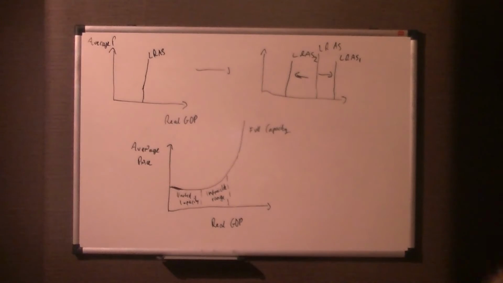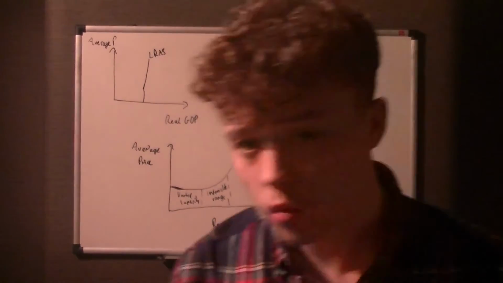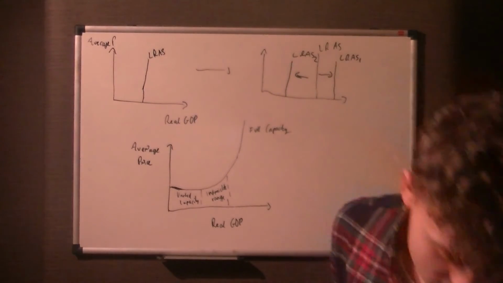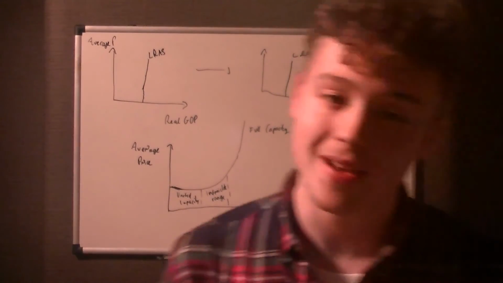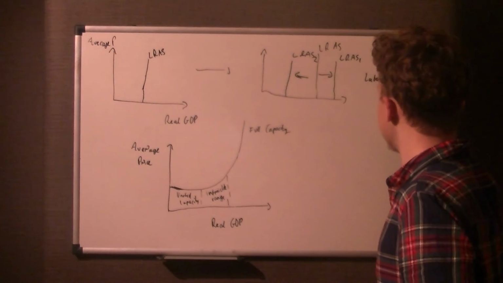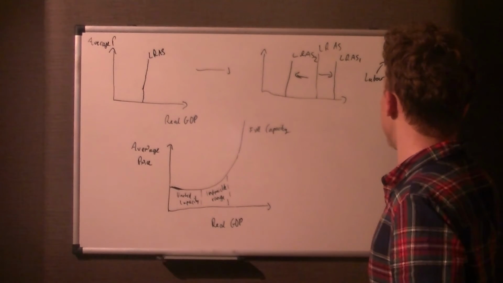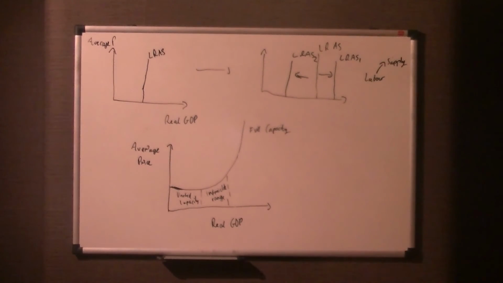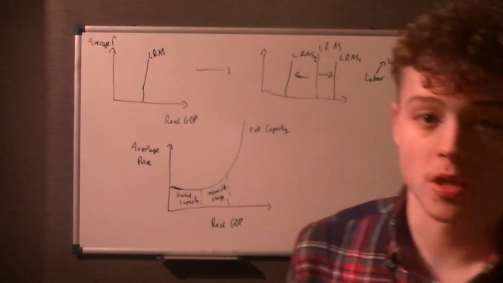You may be asking, we talked about how the short run aggregate supply could change, but we've not talked about the long run aggregate supply changing in capacity, or reasons for it. Now the supply of labour is one of them, and the increase in human capital, so that's the skills of the workers, basically the labour force.